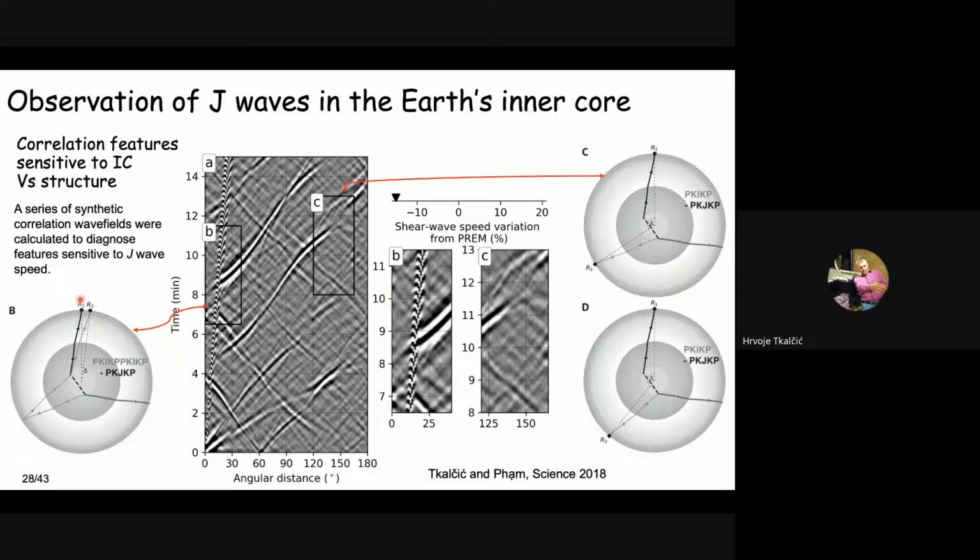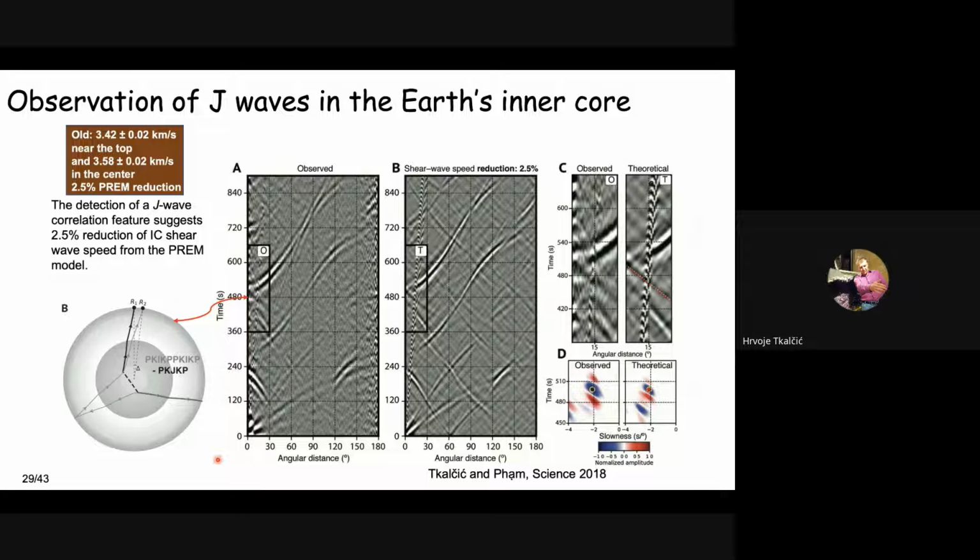So when you measure the similarity of the waveforms, you actually get a pretty pronounced cusp of energy here in these very short angular distances or interstation distances. And when we compared that with the observed correlation wavefield, we were able to compute that the shear wave speed in the inner core is 2.5% slower than predicted by PREM.